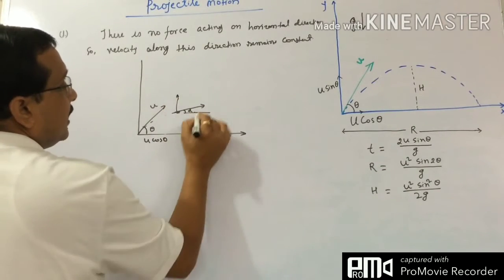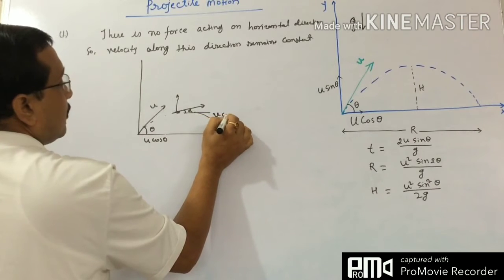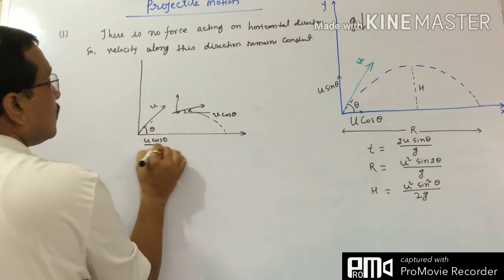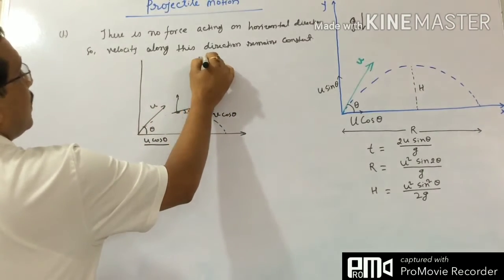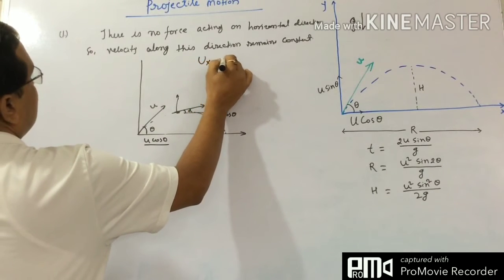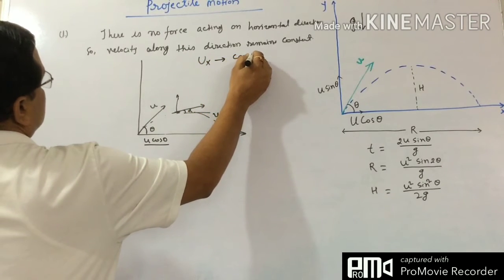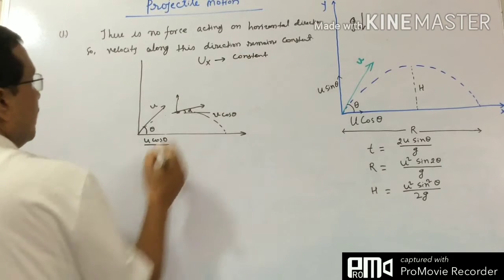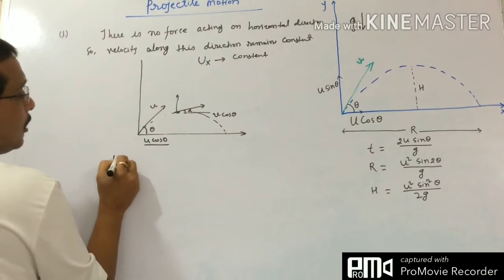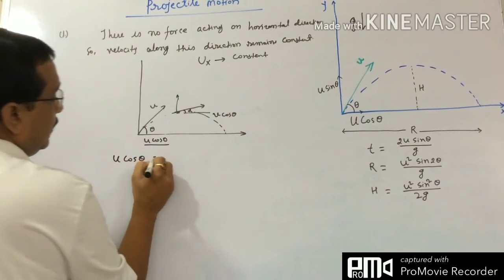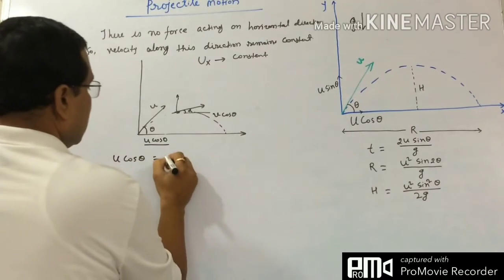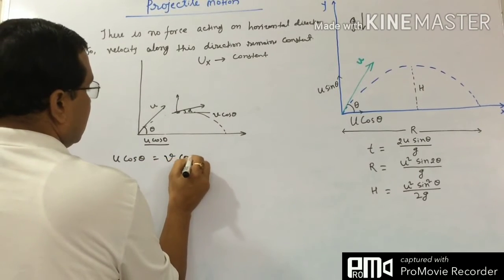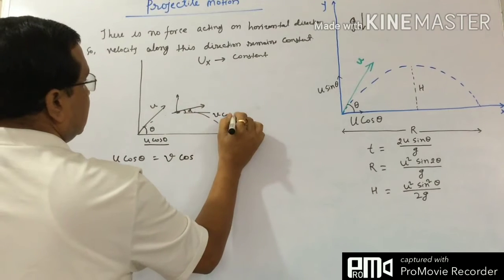Then here it has v cos alpha. So u cos theta, the velocity along x, is constant, meaning that u cos theta equals v cos alpha.